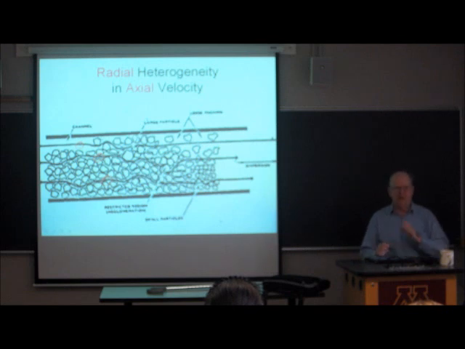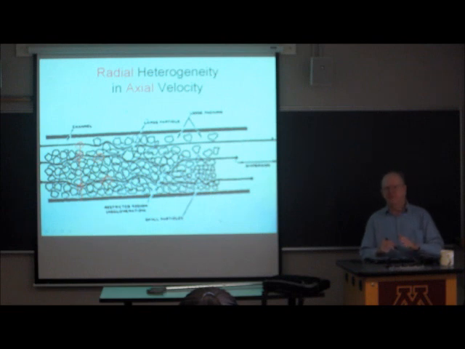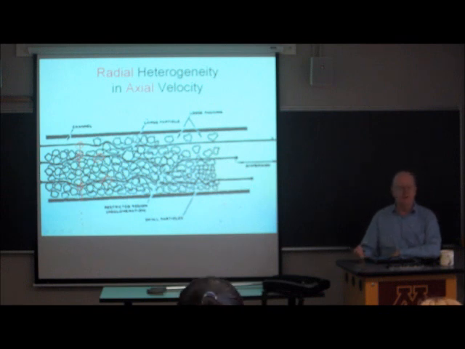Even if the molecules started at the same axial positions, if they're in flow streams that have different velocities, they're not going to come out at the same time. They could start like this, all lined up, but when they come out here, they're going to come out at different times, depending upon the relative velocities.